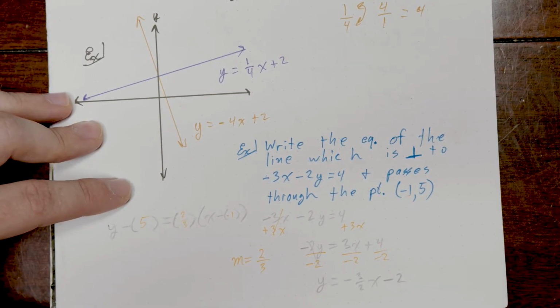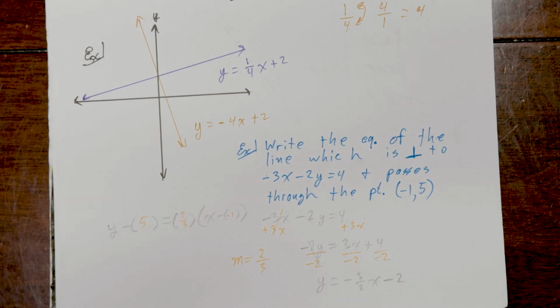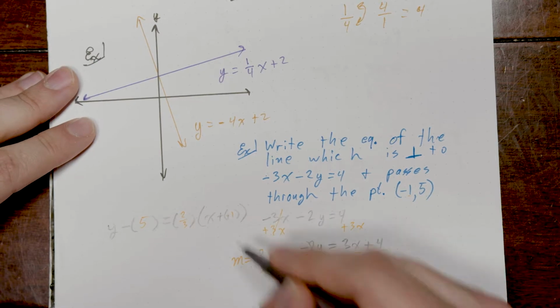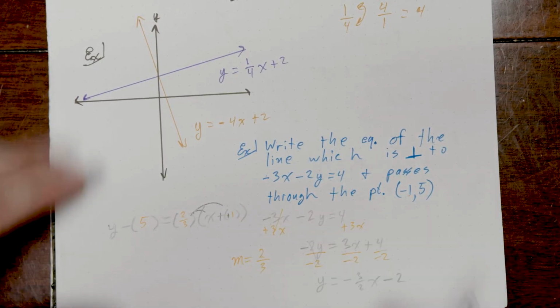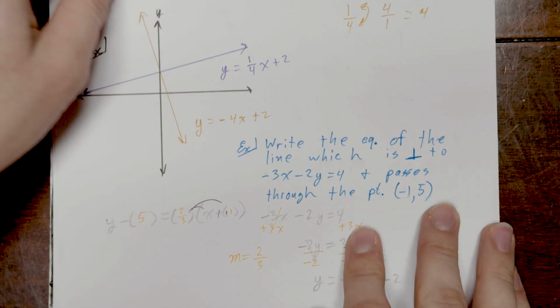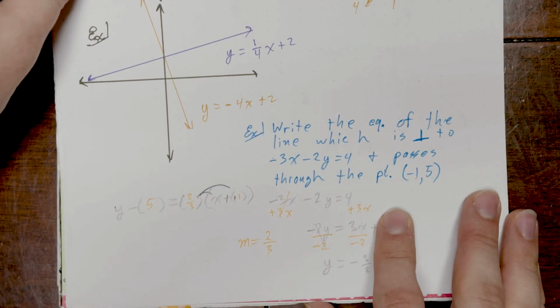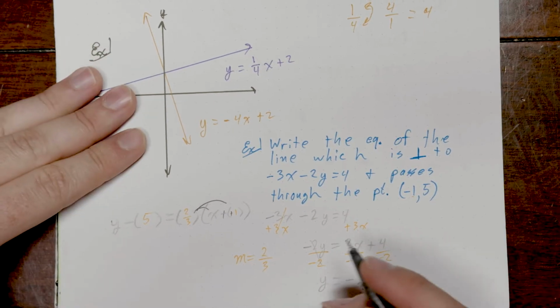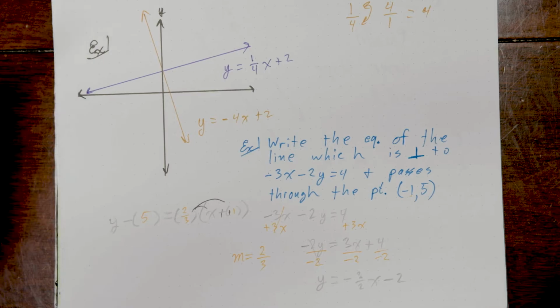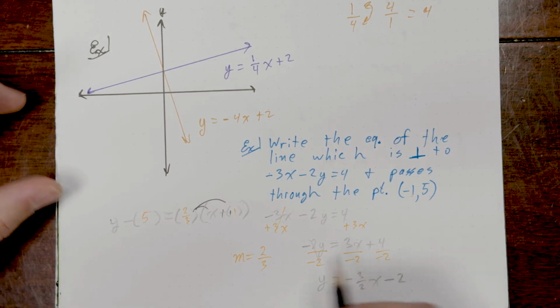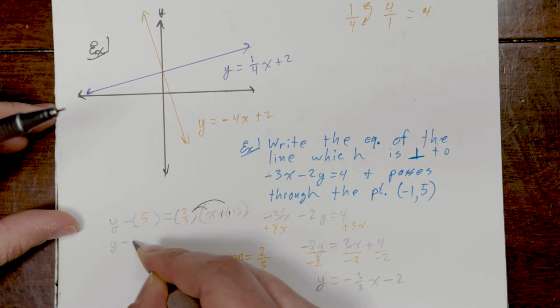Right? So then we're going to just solve this for y like we normally would. So we've got two negatives next to each other, so we're going to make that a plus right there. We're also going to distribute this 2/3. So I'm going to go ahead and take care of those on my first step here. So we end up with y minus 5 on this side.